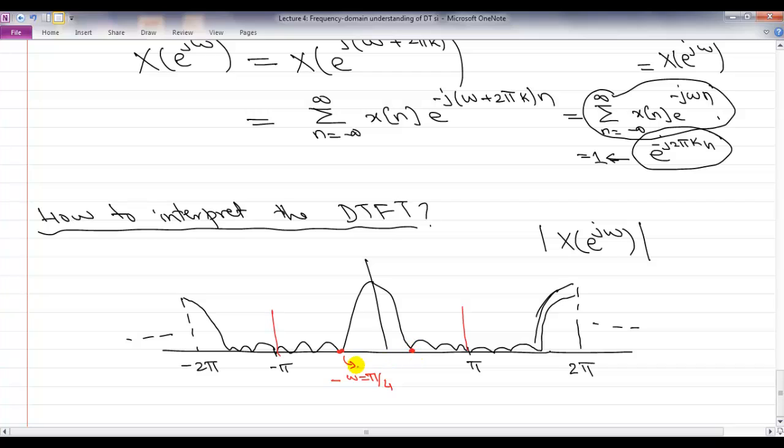What this means is that this signal, whichever signal corresponded to this DTFT, has no frequency beyond pi by 4 radians per sample. And so if this is pi by 4 and minus pi by 4, what this also says is that this signal has a relatively high presence of frequencies around minus pi by 4 to pi by 4.